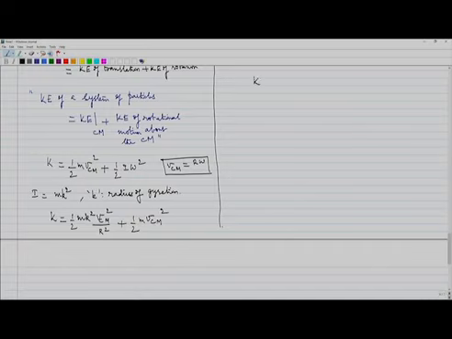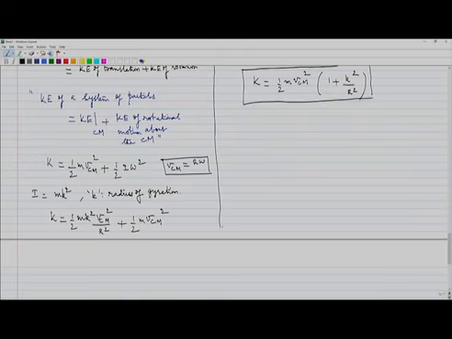Therefore, K is equal to half little m v cm squared times 1 plus k squared by r squared. This is a very standard formula.